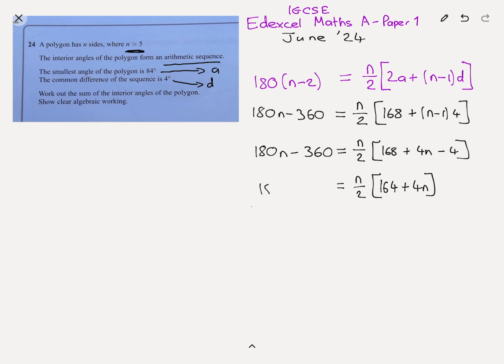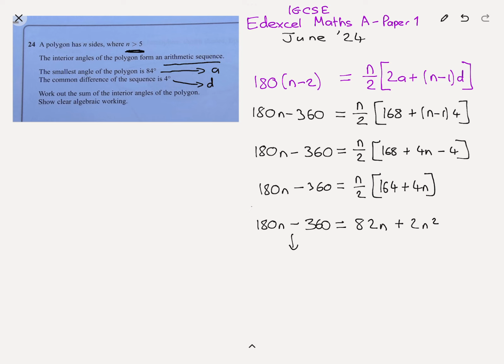And then we can finally get rid of a square bracket. Thank heavens for that. 164 multiplied by n over 2, so that's 164n halved, so we get 82n. And then 4n multiplied by n over 2, so that's 4n squared divided by 2, which gives us 2n squared. And we've once again got 180n minus 360.